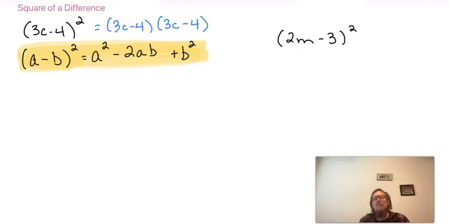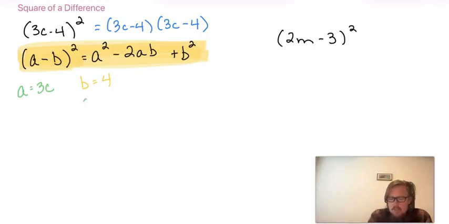And so this is the little formula here for the shortcut for doing square of a difference. So when you have a square of a difference, all you have to do is identify what's a and what's b, and then multiply them together using this format here. So in 3c minus 4, the a is going to be 3c, and the b is going to be 4. And so all we're going to do now is plug in 3c for a and 4 for b.